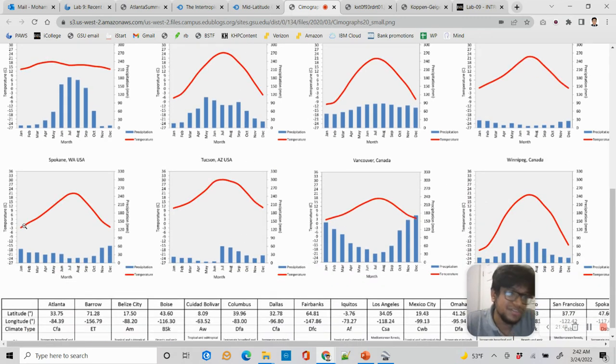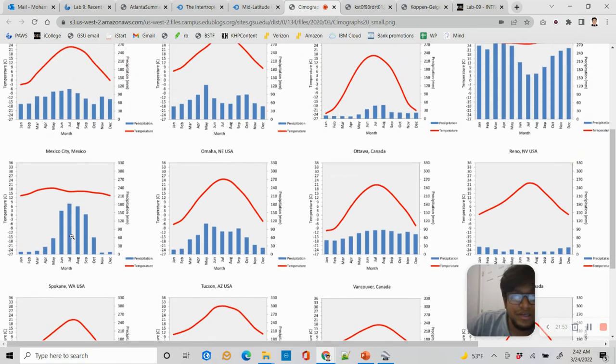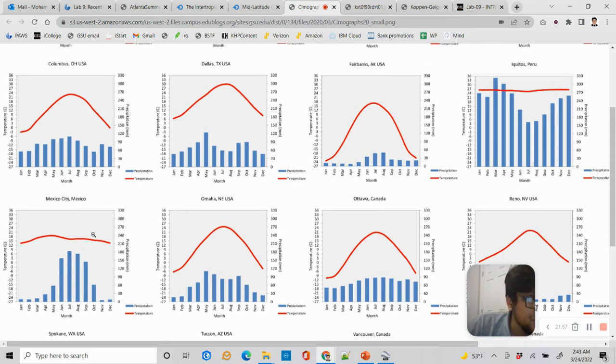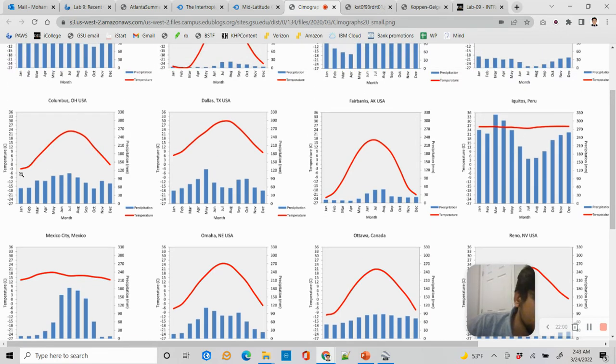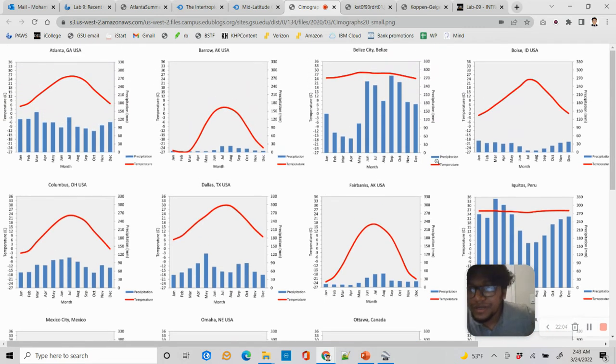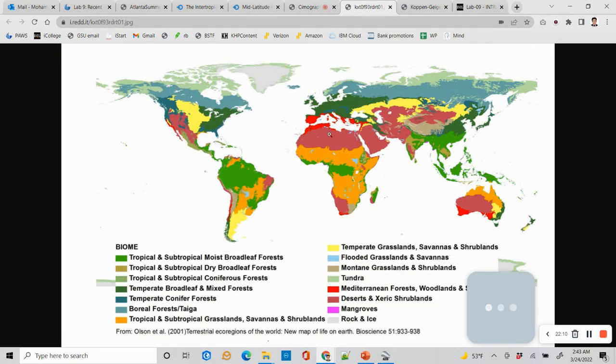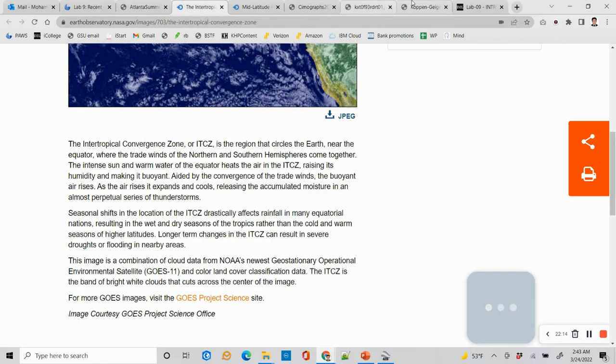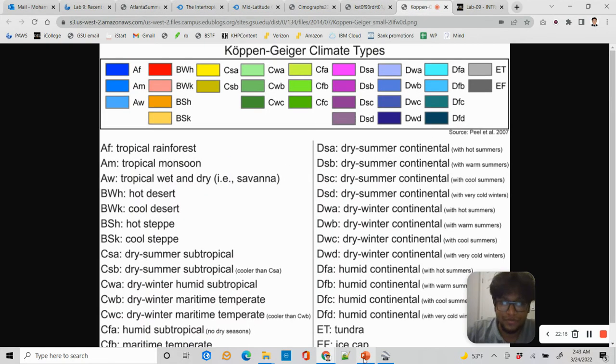So this is just a brief idea. Spokane. So let's see where Ottawa is. Sorry, what did we identify? Columbus, right? Where Columbus stands, or where Boise stands, in terms of the biome, or what is the Köppen classification? Yeah, in terms of Köppen classification.